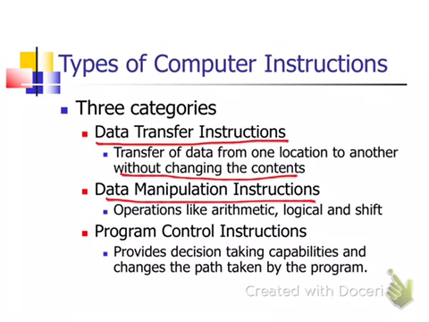In addition to these two, we also have a third category of instruction, which is known as program control instructions. Program control instructions give you the power to provide decision taking capabilities.